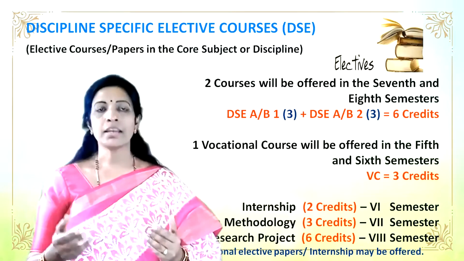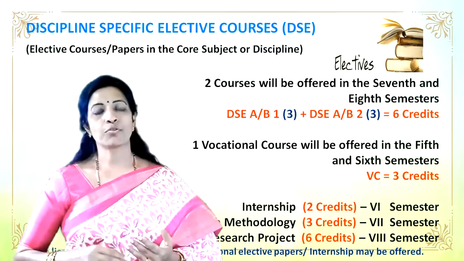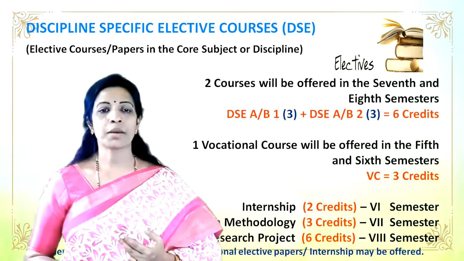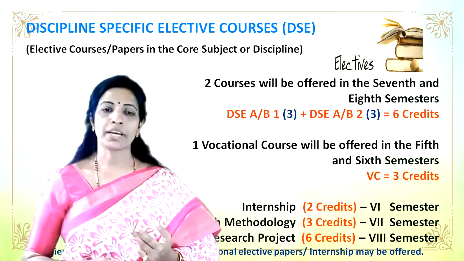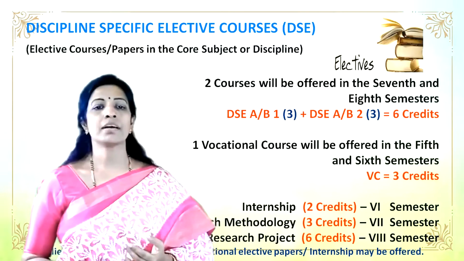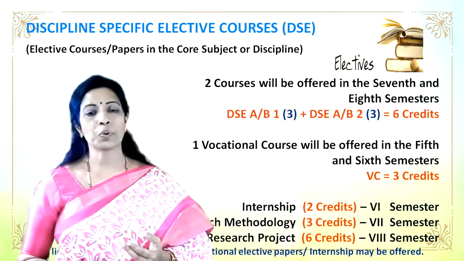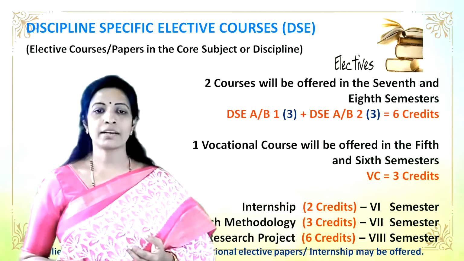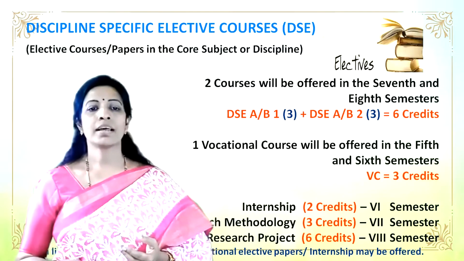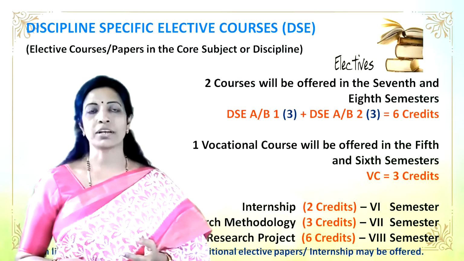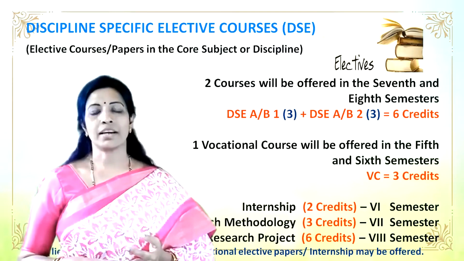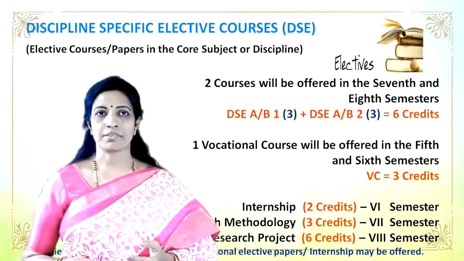Again, in relation to this, we also find an internship program of 2 credits during the 6th semester, a research methodology course which will be for 3 credits during the 7th semester, and a research project which will carry 6 credits during the 8th semester.